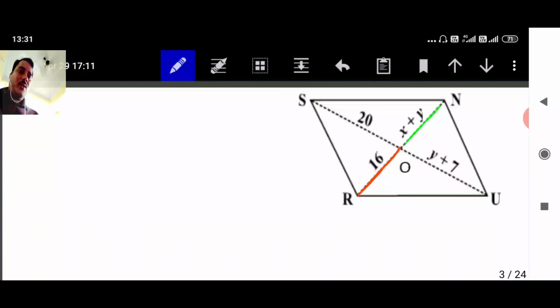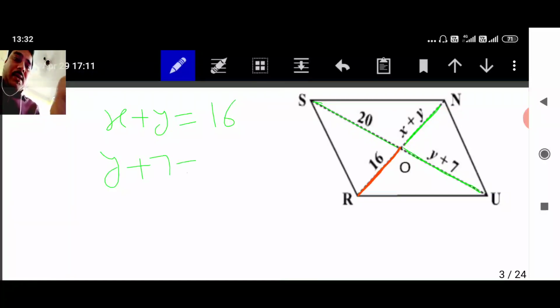Okay, means x plus y equal to 16, and similarly, y plus 7 equal to 20, because diagonals bisect each other.